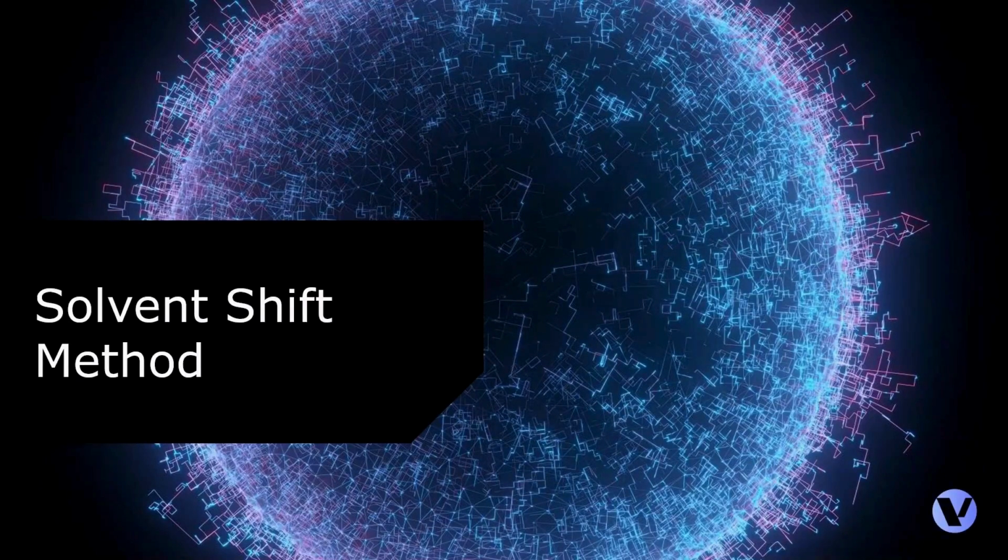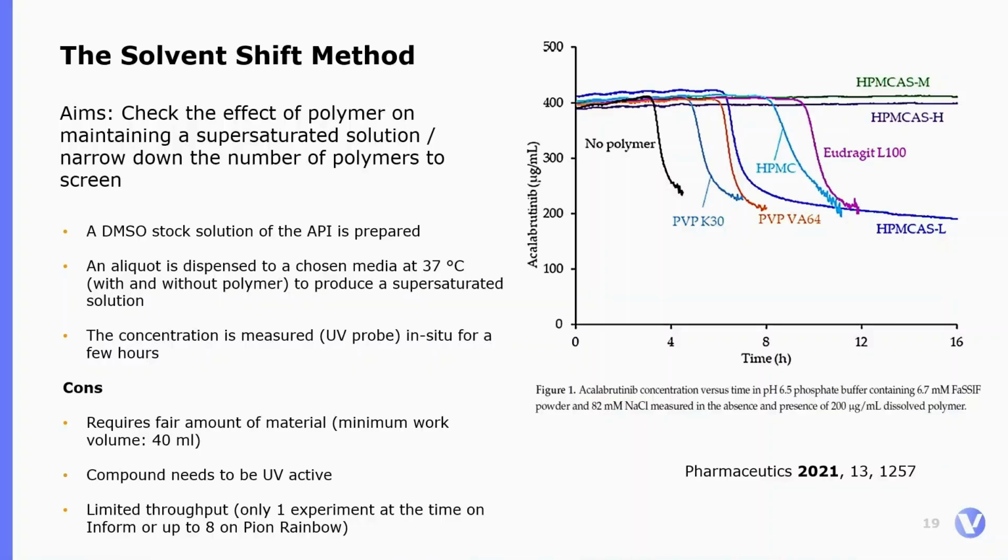One good way to screen a set of polymers and narrow them down to the most promising candidate is the solvent shift method. This method was first described in the mid-2010s. In this approach, the API is dissolved in a polar solvent, most often DMSO, and then a small aliquot is introduced into an aqueous medium to generate a supersaturated solution.